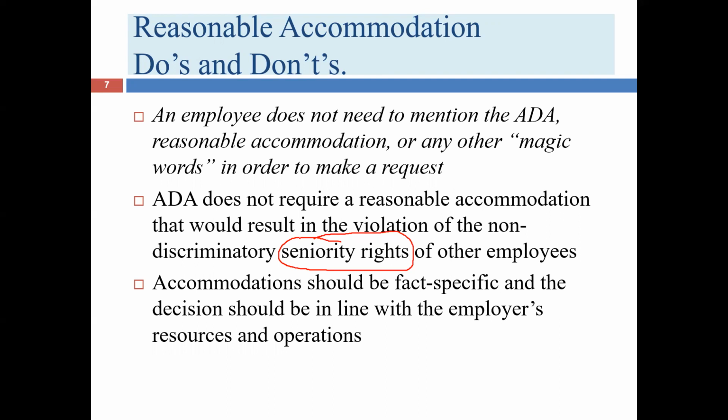Unfortunately, though, the union almost certainly is not going to go with that, and so under those circumstances, the employer is very likely to go with Bob. Now, let's say there wasn't really a collective bargaining agreement.